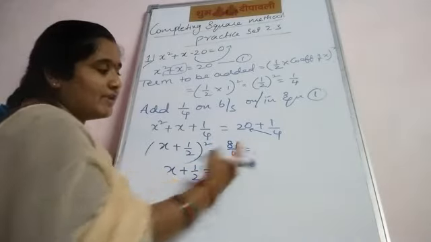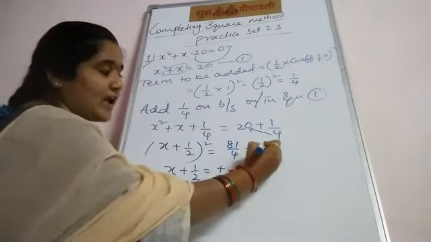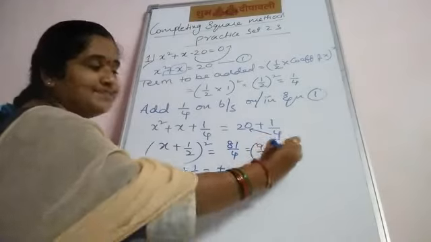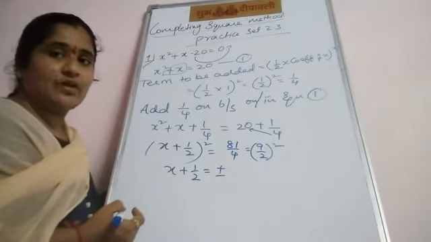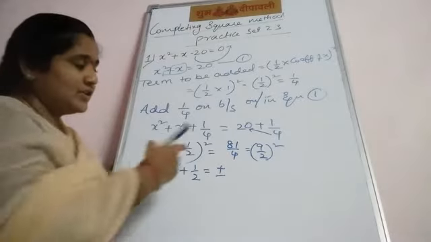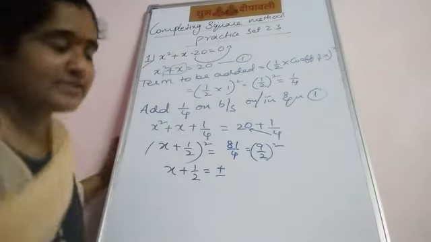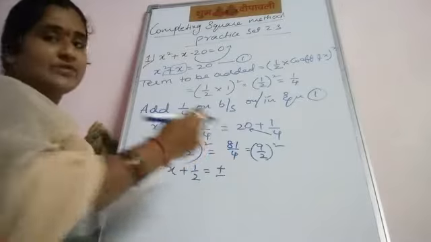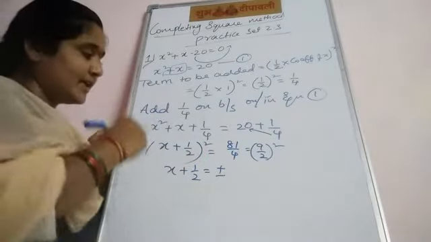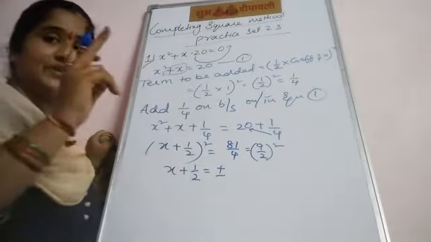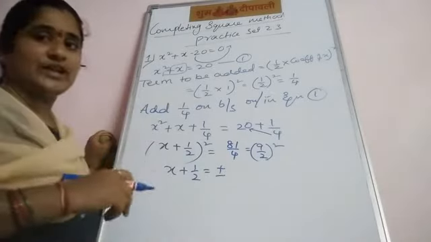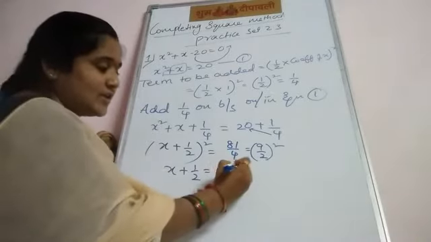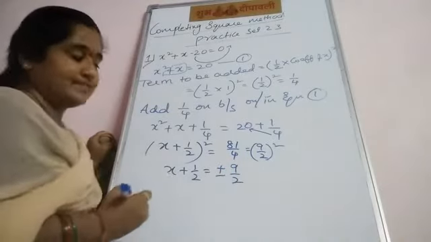Here, in the previous step, can I write 9 upon 2 whole square? Because 9 square is how much? 81. 2 square is how much? 4. So here, instead of applying the square root, this one is also correct. The square cancels. But here, since it is a square, the first thing is you take the square root. So for the square root it has two signs, plus or minus 9 upon 2.